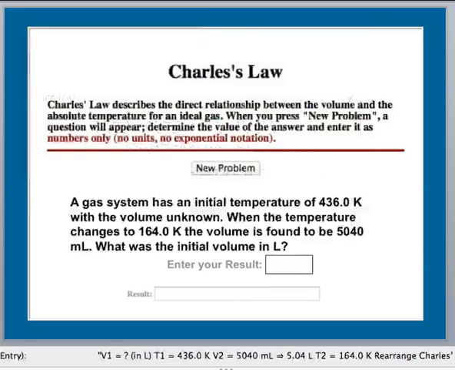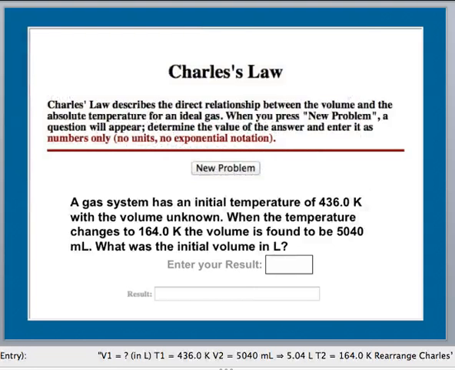All right, let's go ahead. I will hush for a moment, and you guys set up this one. Here, our initial temperature is 436 Kelvin.